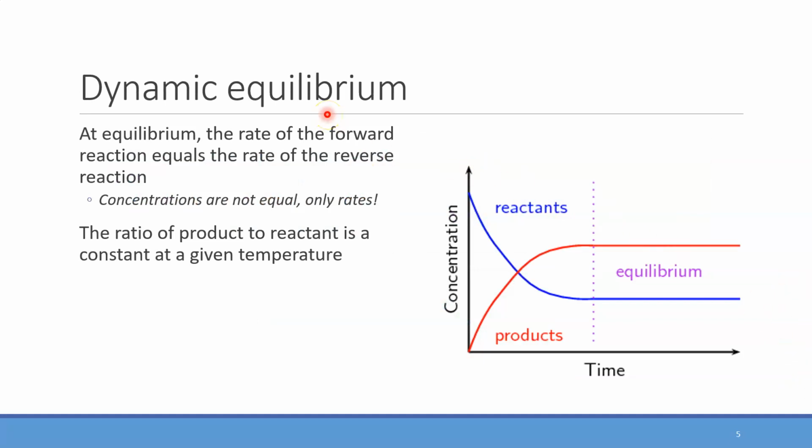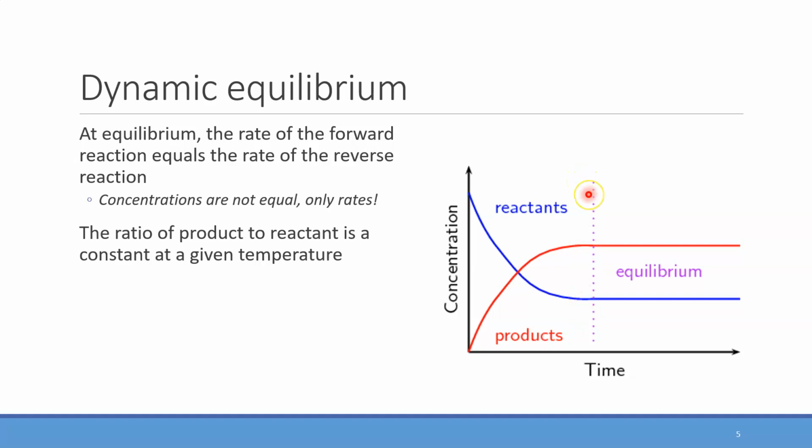So in dynamic equilibrium, the rate of the forward reaction equals the rate of the reverse reaction. You could imagine over time, you've got your concentration, and we're starting off with 0 product and only reactant. So over time, the concentration of the reactants decreases and the concentration of the products increases until they flatten out and there's no more net change.